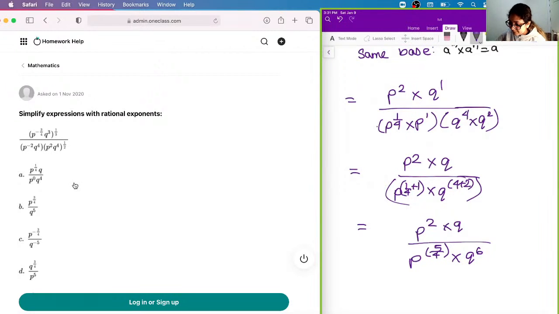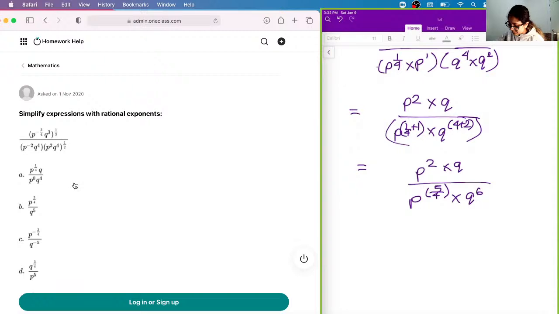Okay. Now we're going to apply the quotient rule. As you can see, we're dividing. In this case, you can see that we're dividing p squared by p to the power of 5 over 4 and q divided by q to the power 6. So we're going to apply the quotient rule.